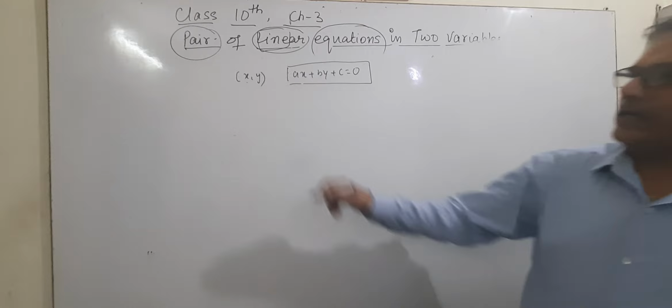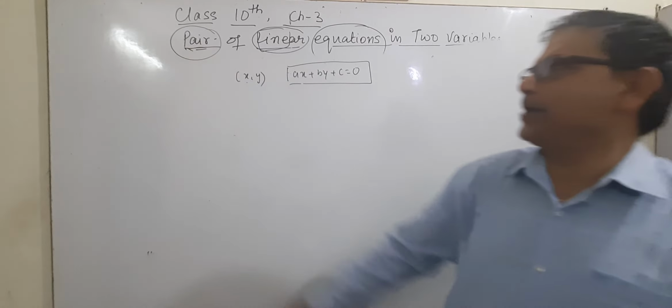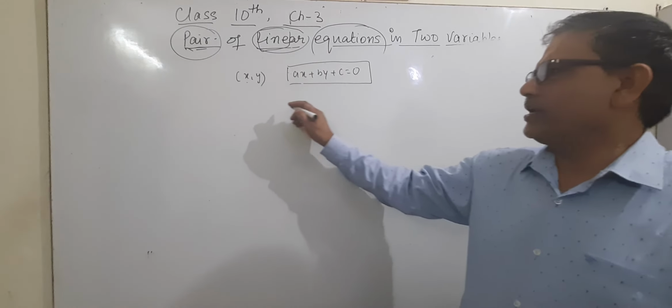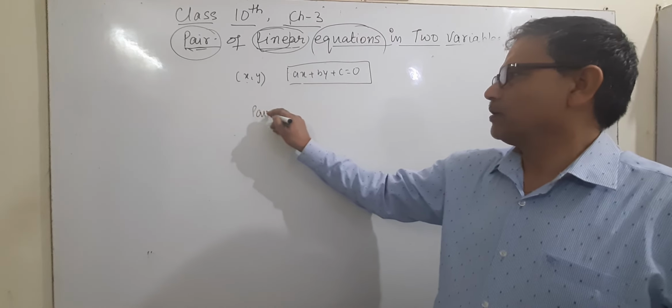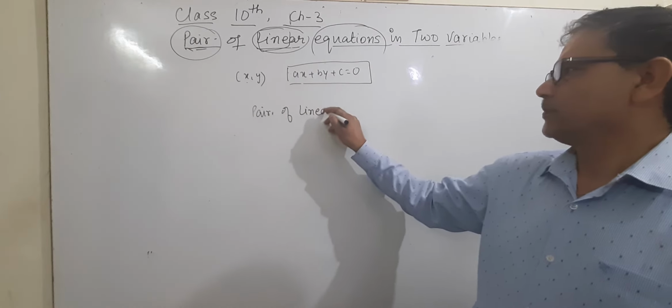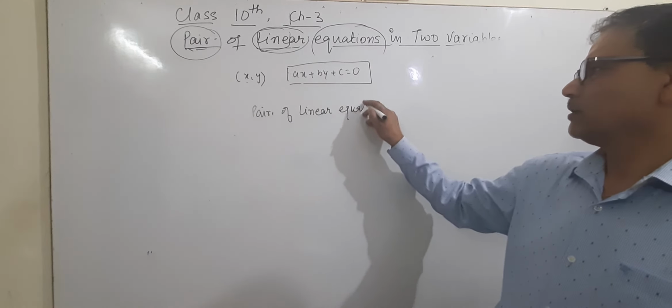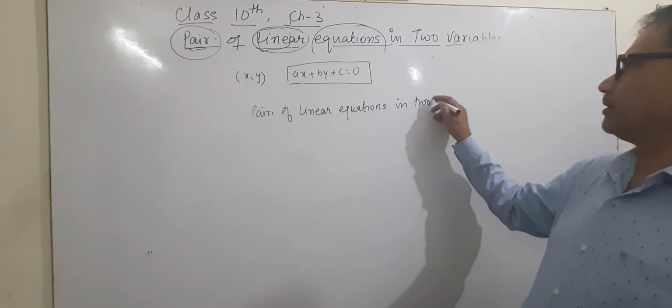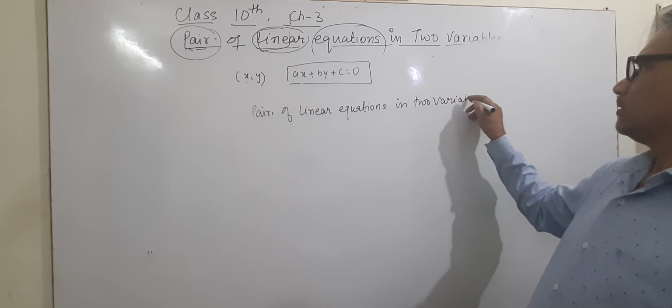But what is mentioned here? Pair of linear equations in two variables. Pair means it should be 2.